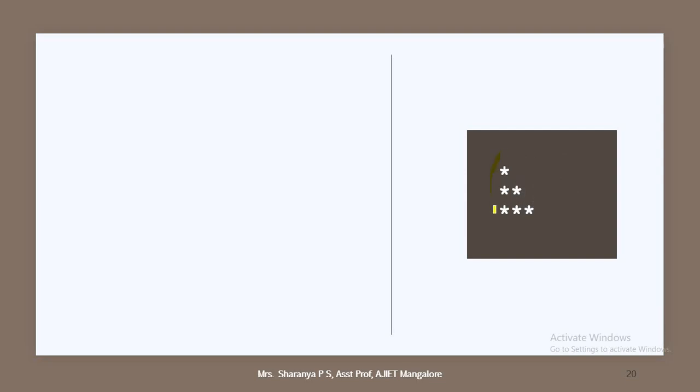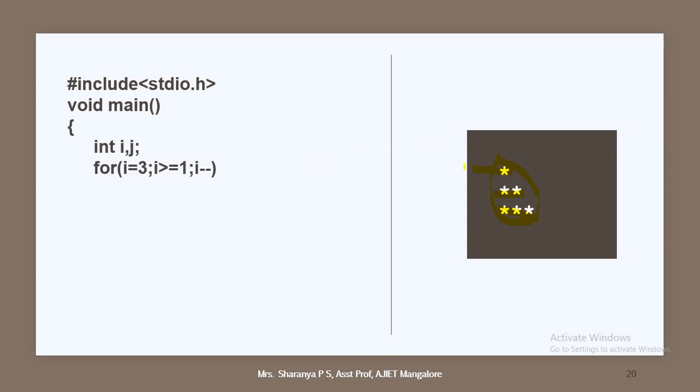Yes, definitely. Suppose I want to print this pattern which we have already discussed previously. First we will begin with 1 star, 2 stars and 3 stars. So how can we proceed by using the decrement operators in this for loop? So here, as I mentioned, we need to use the decrement operator.